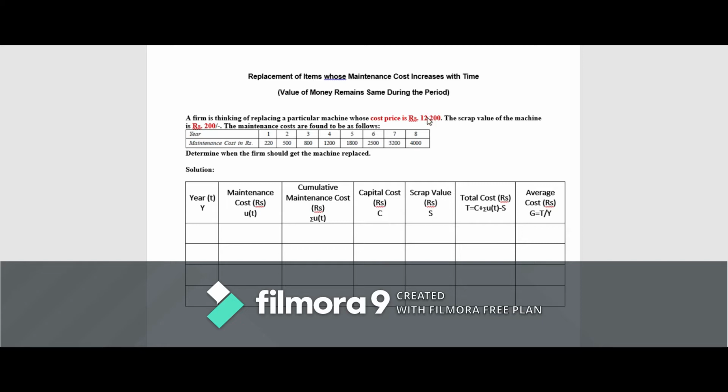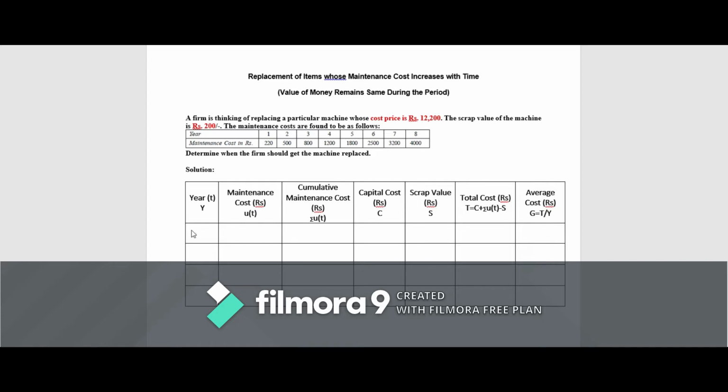So the cost price and the scrap value are constant, but the maintenance cost is increasing with respect to time. So this problem comes under the category of increasing maintenance cost with a constant scrap value. Now come to the solution part of the problem.